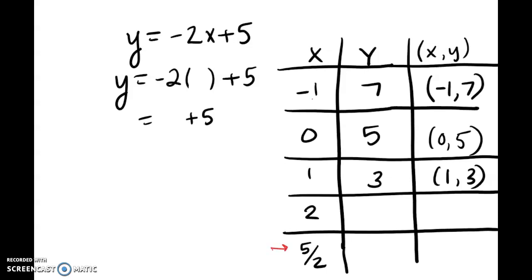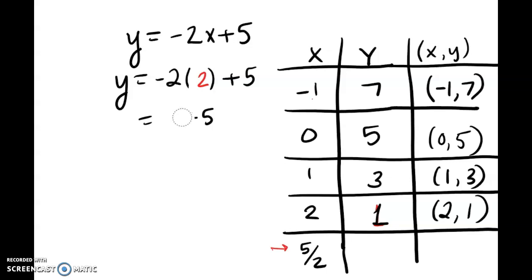And so I see the pattern emerging. As it increases by 1 on the x, it decreases by 2. So I can predict, I think this will be a 1, but let me check for sure. So plugging in 2 here, negative 2 times 2 is a negative 4, and negative 4 plus 5 is 1. So my ordered pair would be 2, 1.